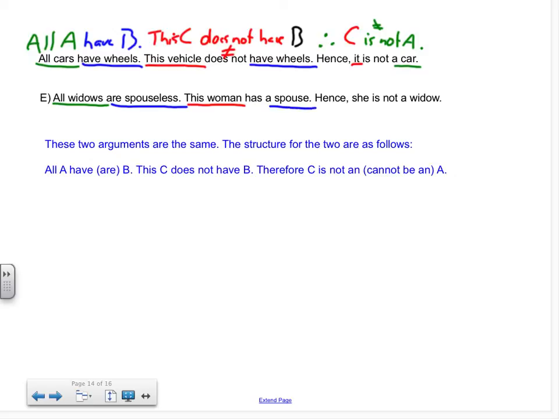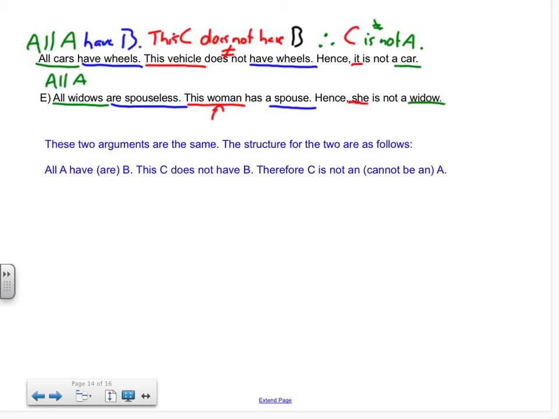Hence, she is not a widow. And she is referring to widow, so we can highlight that in red to represent woman. So let's break down the argument.